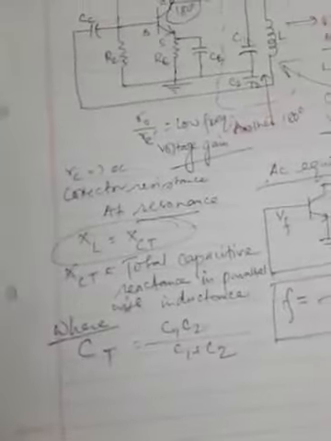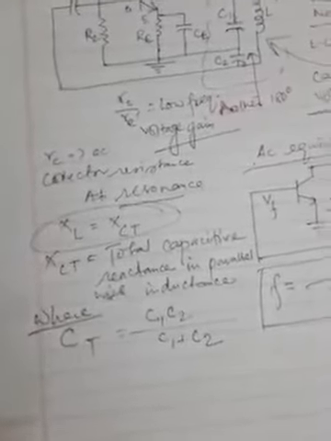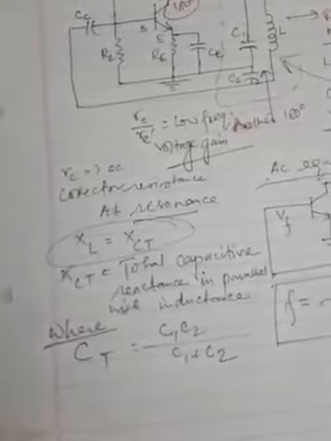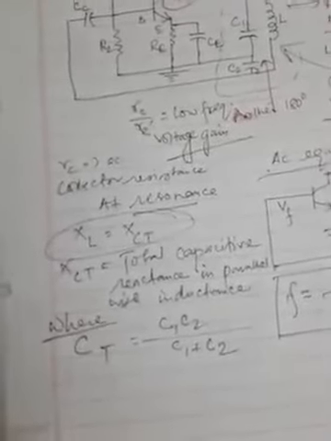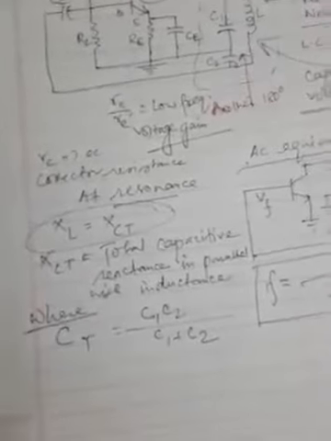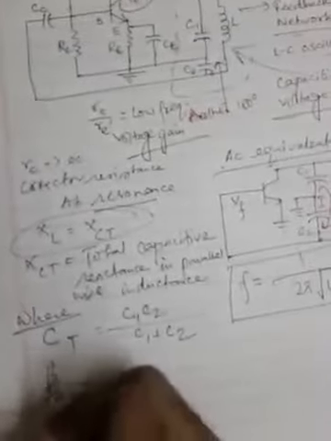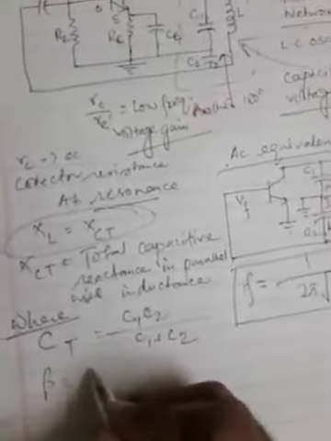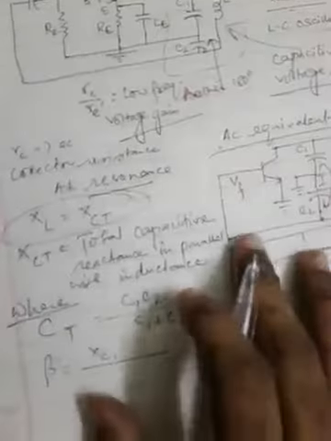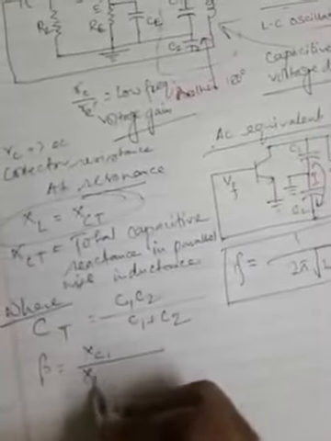Now consideration of the LC network shows that there will be some attenuation from the amplifier output to the input, as I have already told you, due to the potential divider effect between L and C1. This will give the beta value, the feedback fraction, which should be XC1 by XL minus XC1.